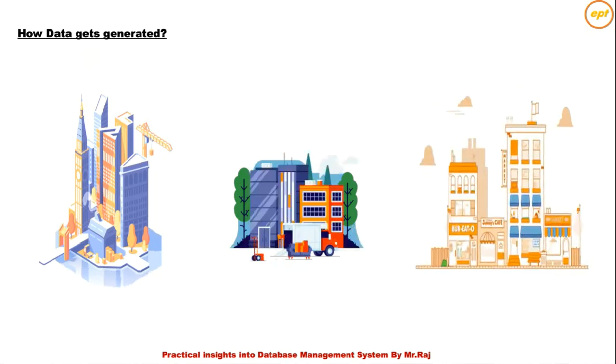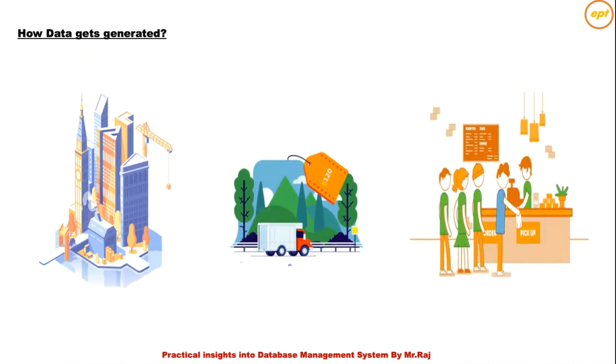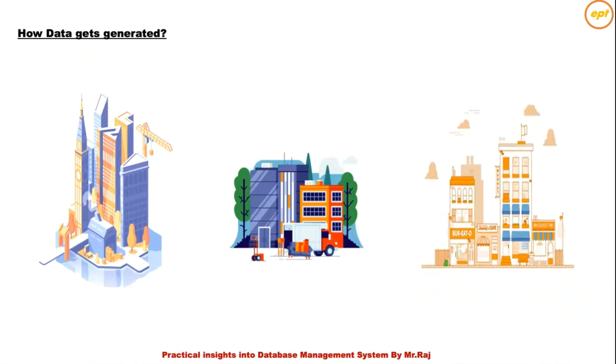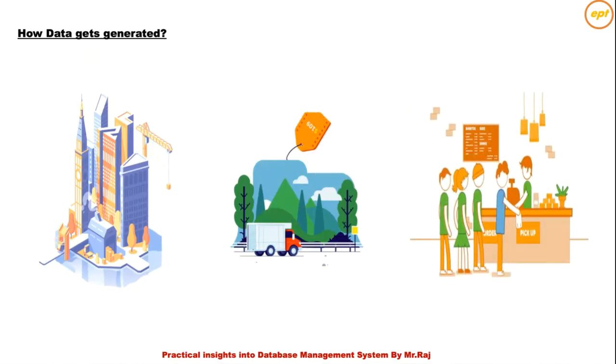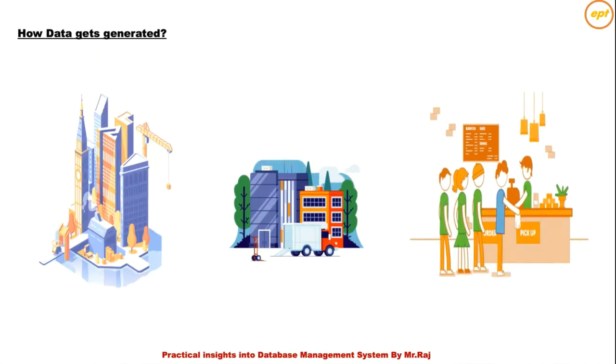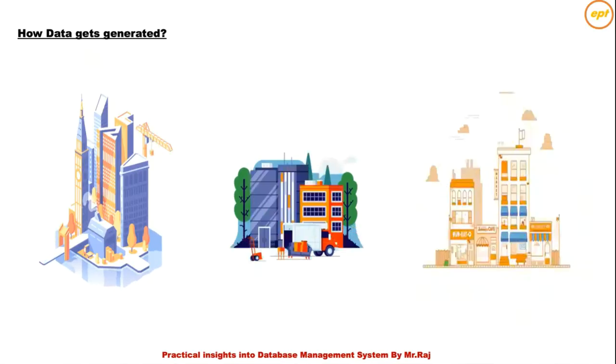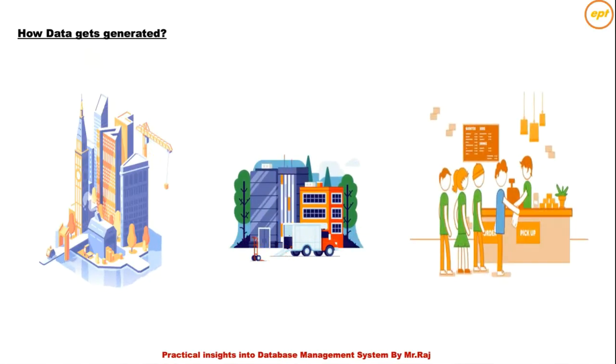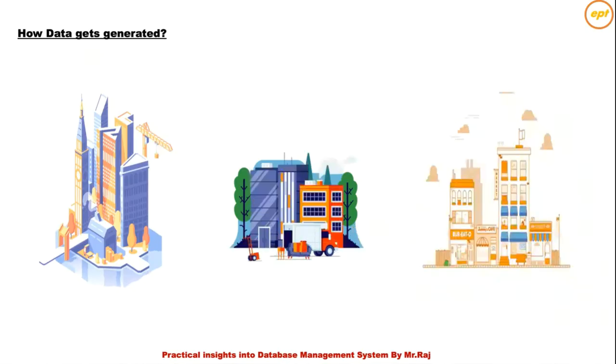It could be anything. If you talk about Amazon, it is handling hundreds of orders every second, with millions of customers and millions of products. How is it handling that? Whenever any transaction related to the orders happens, data gets generated, isn't it?